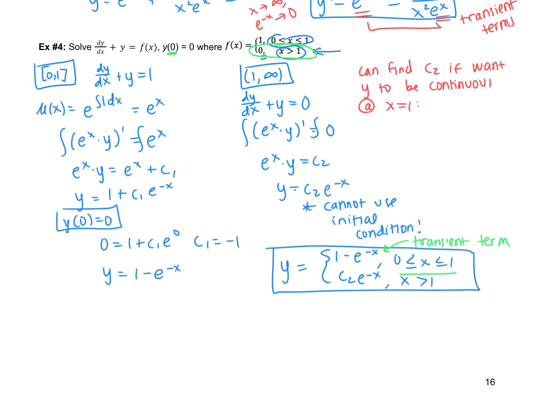So if we substitute in x equals 1, we get 1 subtract e to the negative first is equal to c2 e to the negative first. So we get 1 subtract e to the negative first over e to the negative first is equal to c2. Simplifying that, we get c2 to be e subtract 1. So then if continuous, that second portion would end up being e subtract 1 e to the negative x.